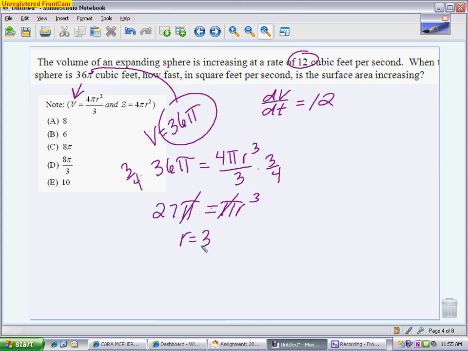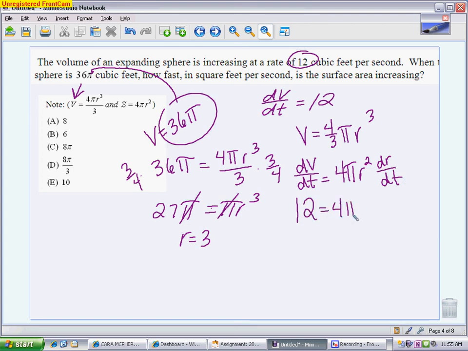Now we need to get to actually doing some deriving. So I'm going to put that volume formula back up, and I'm going to take the derivative of that with respect to time. So my derivative would be dV/dt equals power out front, which will cancel with the 3 that's there, 4 pi r squared dr/dt. Plug in what I know. I currently know that dV/dt is 12.